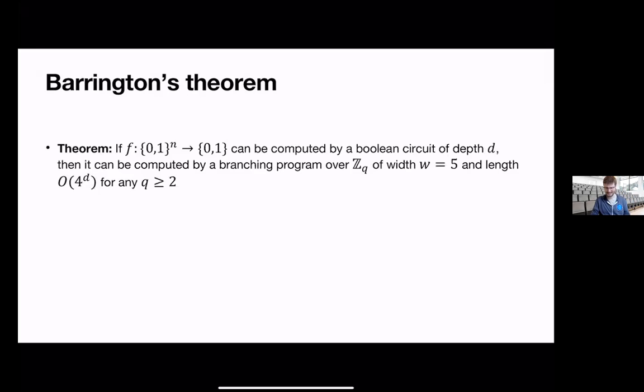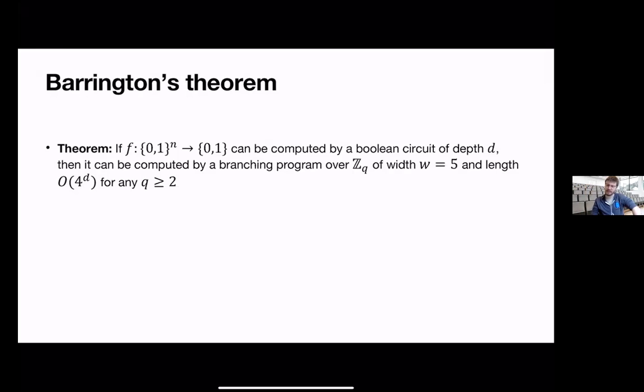This theorem says that if I have a function f going from {0,1}^n to {0,1}, and it can be computed by a Boolean circuit of depth d, then it can be computed as well by a branching program over Z_q for any integer q greater or equal to 2, of width 5. So I just have 5 times 5 matrices, but of length 4 to the d.